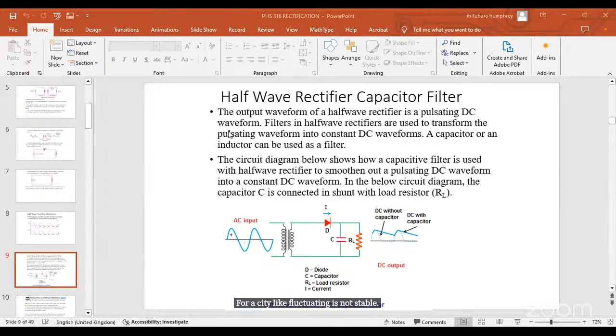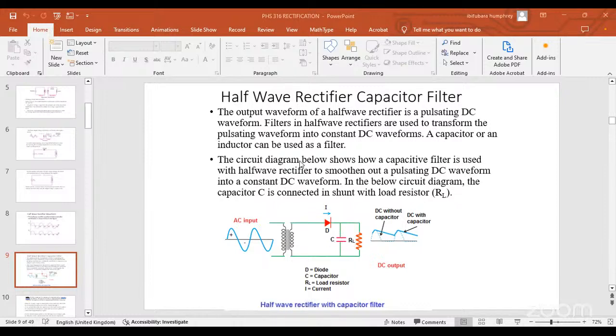So in order to make it stable, a filter is added. That filter, in the form of a capacitor, is connected in parallel to the load. The filter will filter off every unusable signal and allow only the useful signal to go to the load. That is the essence of the filter.